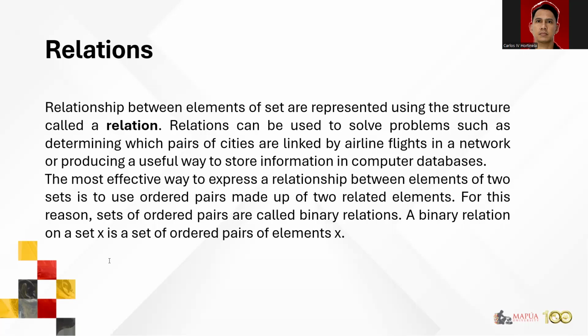For example, if you're waiting for a relative or a friend to arrive at the airport, then you often look at the arrival column of the flight board. From there, you will see two cities joined together. For example, Hong Kong, Manila.